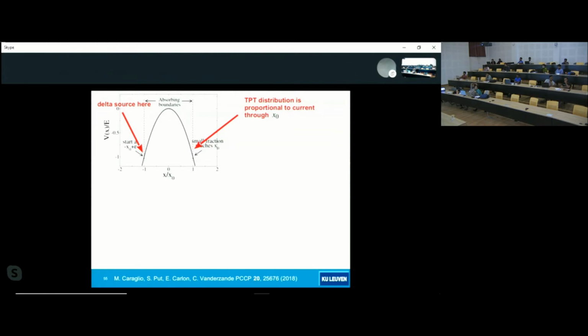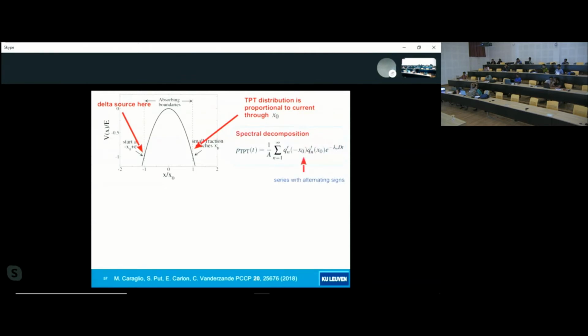The current is related to the derivative of the P, and then finally we find this nice symmetric expression for the TPT distribution. It's a sum of eigenfunctions, with the derivative of the Q's at x naught and at minus x naught, and with a decaying exponential.